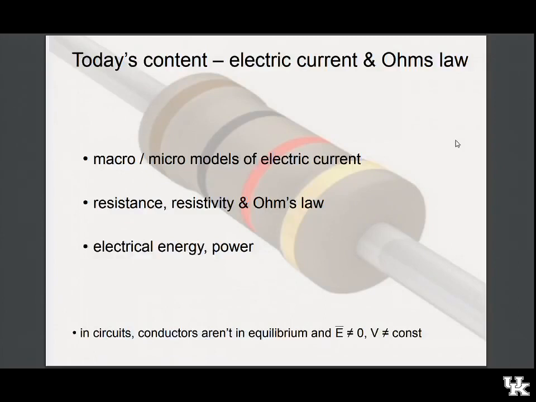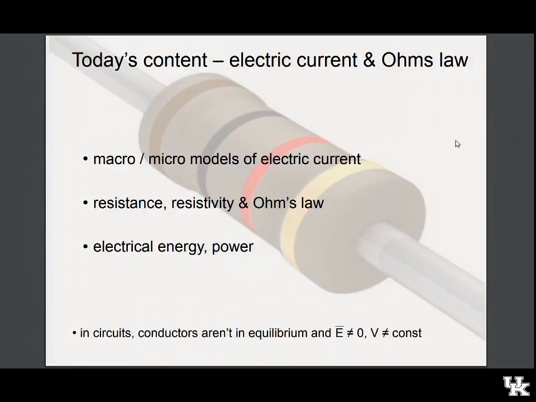There's one point I wanted to make here. In discussing conductors up to this point, we said that conductors in equilibrium throughout their volume have zero electrical field. Throughout their volume, on the surface, they have constant electrical potential. In electrical circuits with wires and resistors and batteries, the conductors aren't in equilibrium.